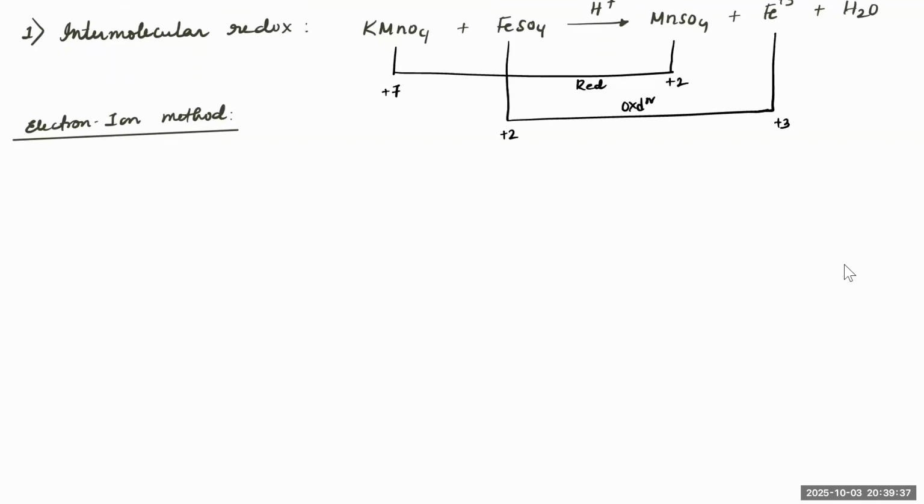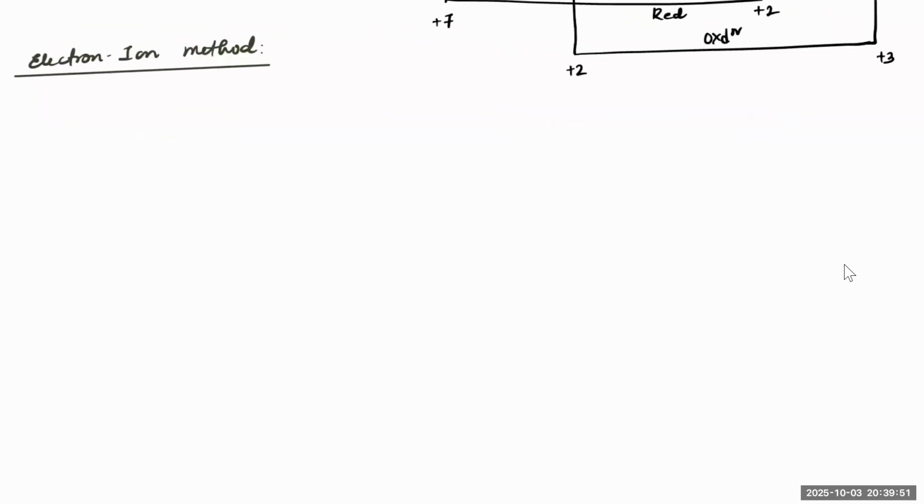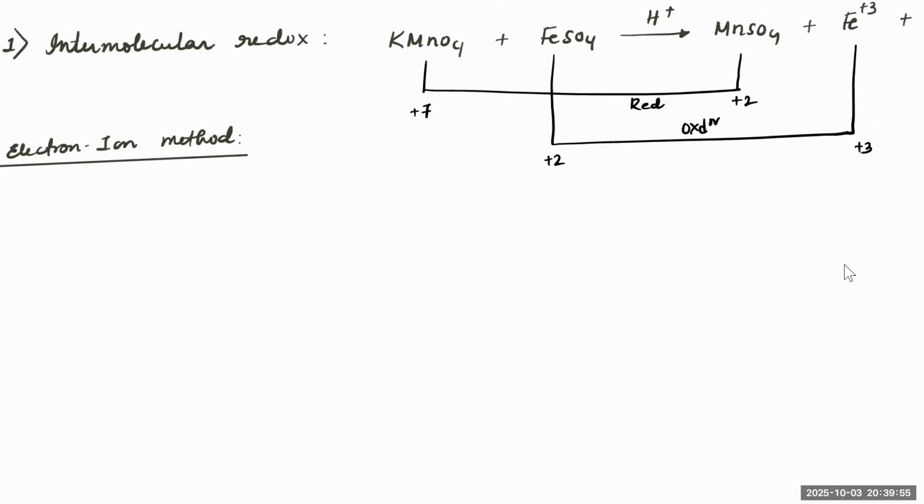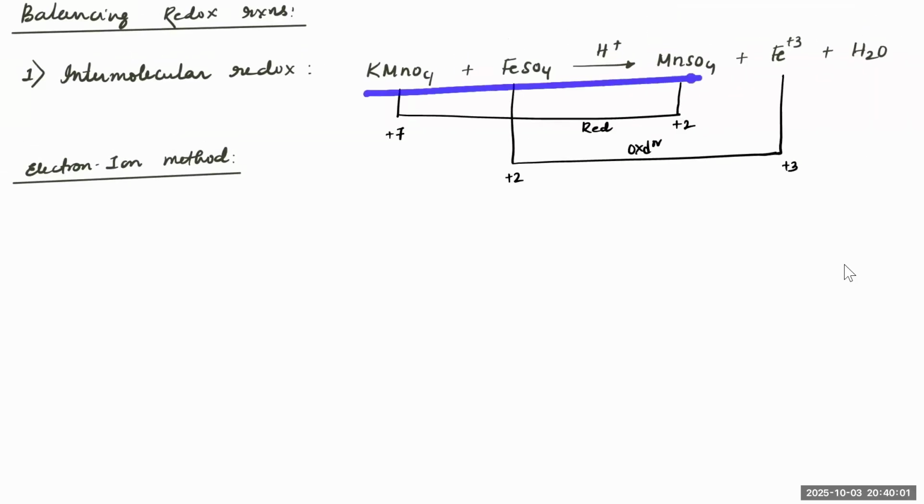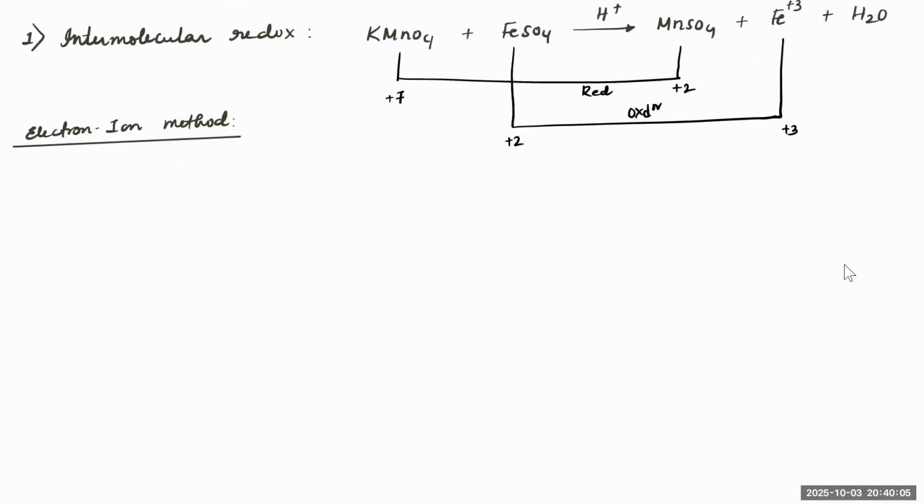There are multiple ways of balancing it. The ion electron method is the easiest way and also the important way because it will give you a lot of insight into upcoming topics as well. The ion electron method is more or less like creating the ions first which are undergoing redox. Whichever ions I'm writing are only the ones which are sensible for the reaction.